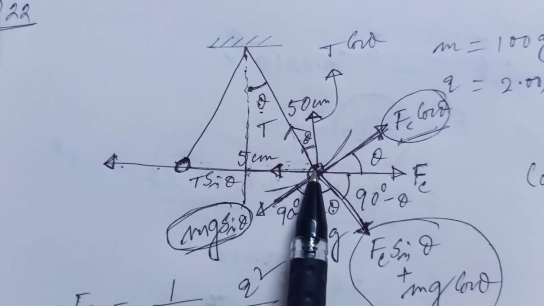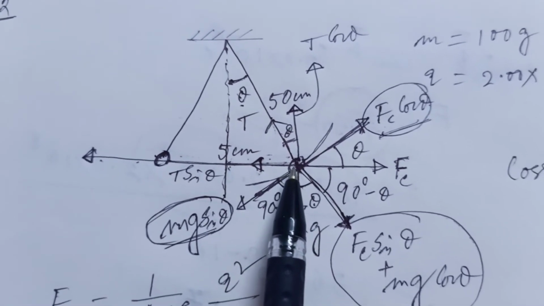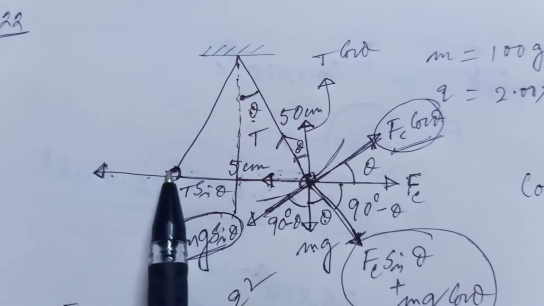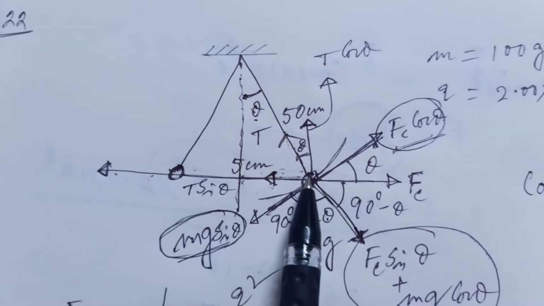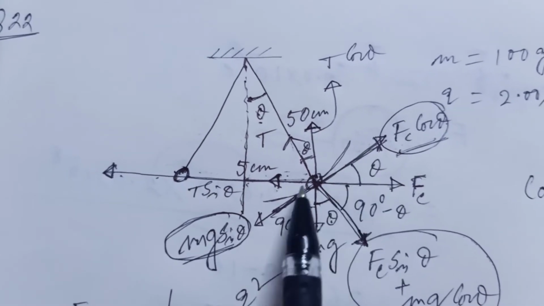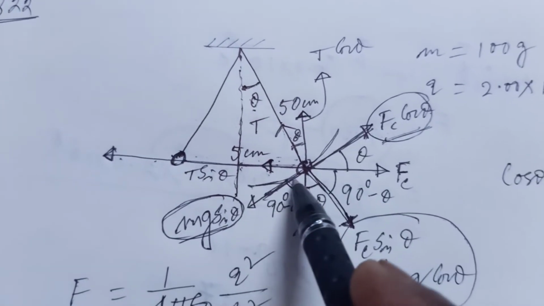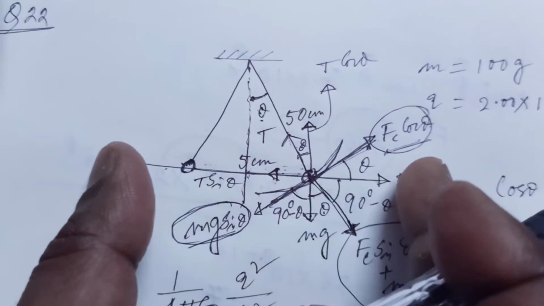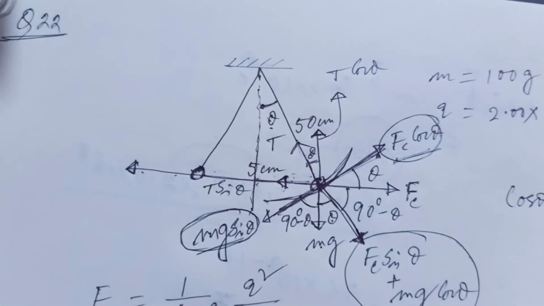So first of all, students, take into account that this particular ball repels along these directions, but it goes along the tangent, along this tangent direction.